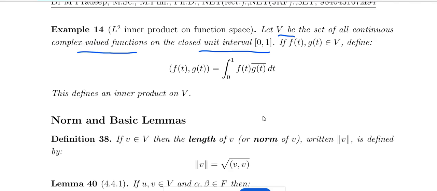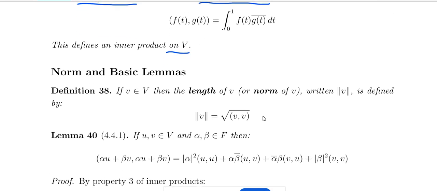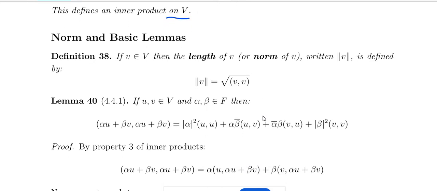Suppose f of t and g of t belong to V. Now the inner product of f of t, g of t is defined as the integral from 0 to 1 of f of t into g of t whole bar dt. So this is the inner product on V. The three properties are easily verified.